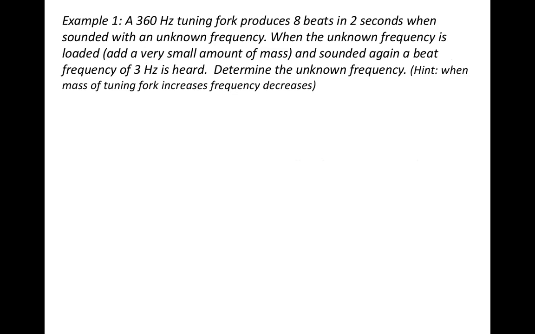Since it's heavier, it's going to change the frequency of vibration. And then we sound them both together again, and now we hear beats at a frequency of 3 hertz. Determine that unknown frequency. And hint, when the mass of the tuning fork is increased, the frequency decreases.